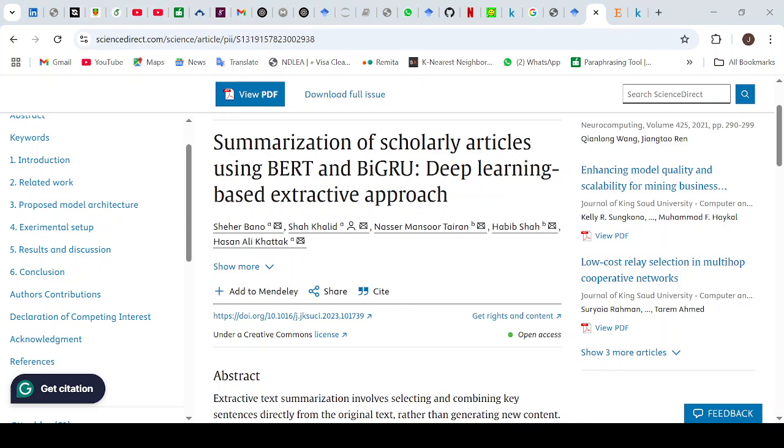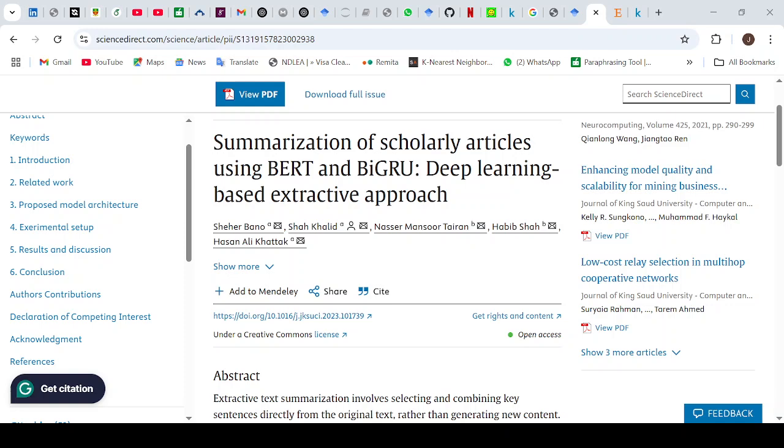BERT is a natural language processing algorithm known as bidirectional encoder representation from transformer. It is a transformer-based model designed for natural language understanding tasks. It was introduced by Google in 2018.